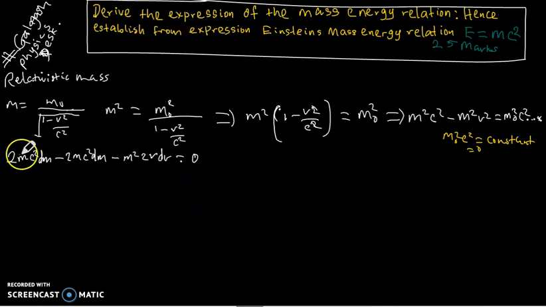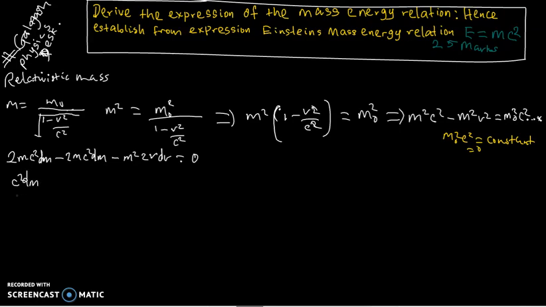Now we need to get rid of these twos that we have seen in between, and therefore we divide the expression by 2m. You divide this by 2m, divide by 2m, and divide by 2m, so that we will get c squared dm.